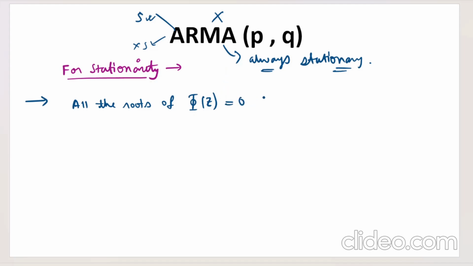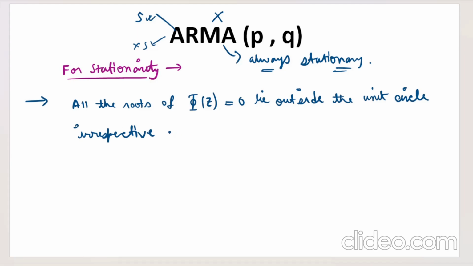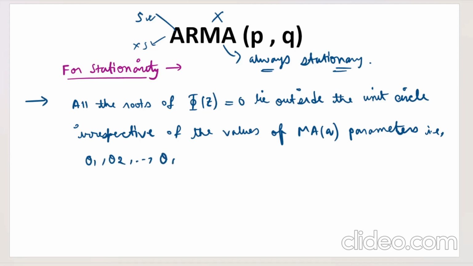So if all the roots of phi z equals 0 lie outside the unit circle, irrespective of the values of the MA(q) parameters, that is theta 1, theta 2, up till theta q, then the process is stationary, right? Then the process is stationary.